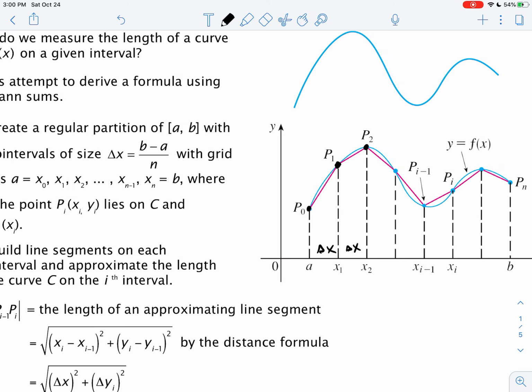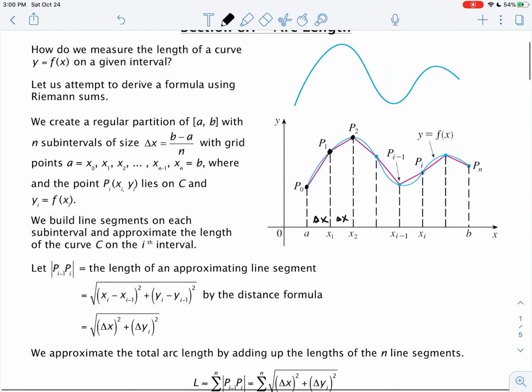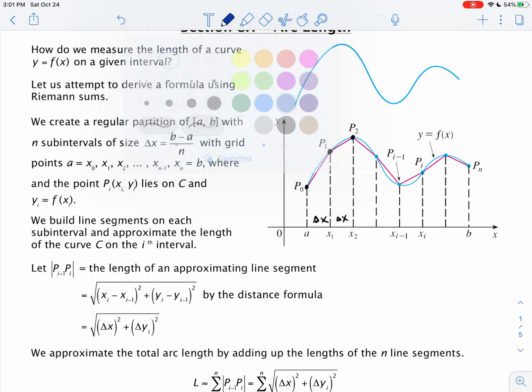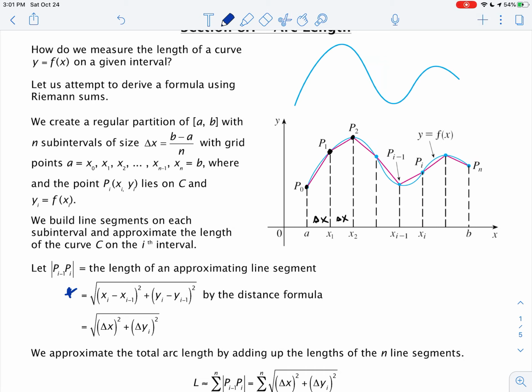What is the distance between the point P1 and P2? We use our Pythagorean distance formula, the square root of (x2 minus x1) squared plus (y2 minus y1) squared, or we can use the delta notation: the square root of delta x squared plus delta y squared. That is the distance between those 2 points.